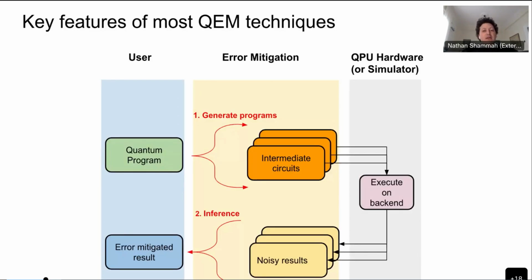So QEM here represents error mitigation. And one generates many programs, so is able then to do sort of a sampling of different noisy results, and then with a fully classical technique is able to obtain an error mitigated result.